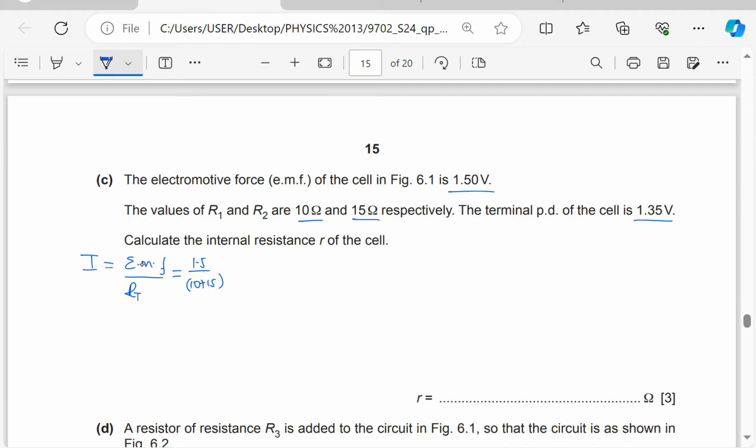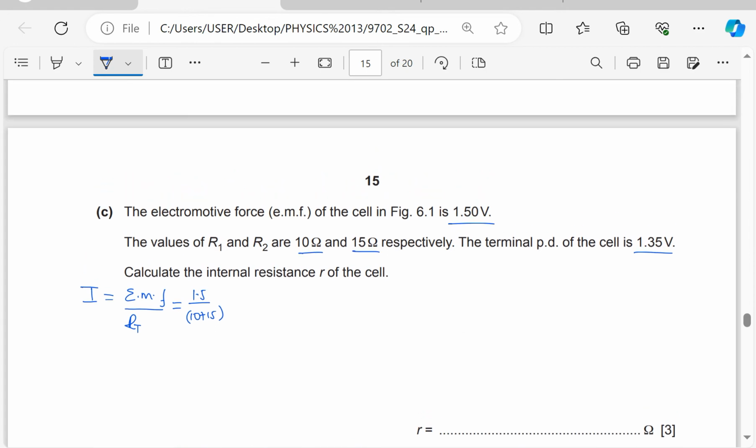No, I don't think this is working. This is not total current.